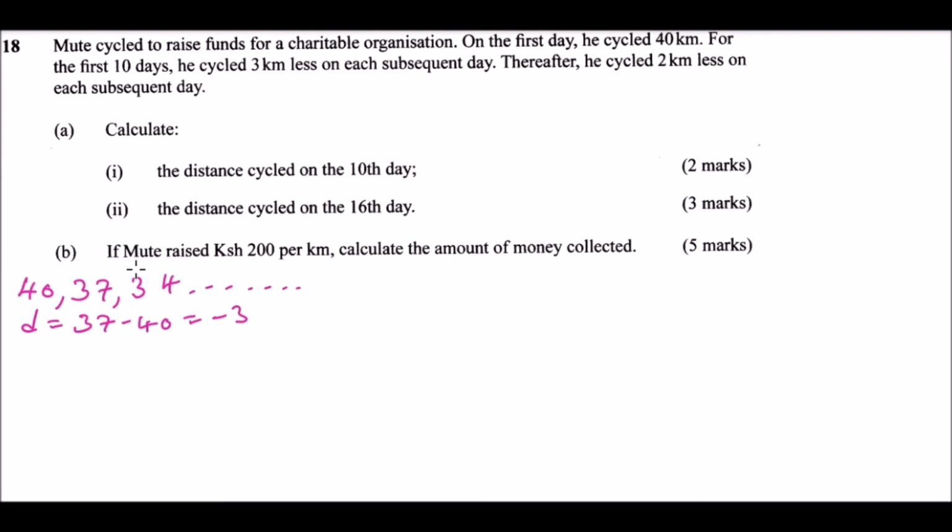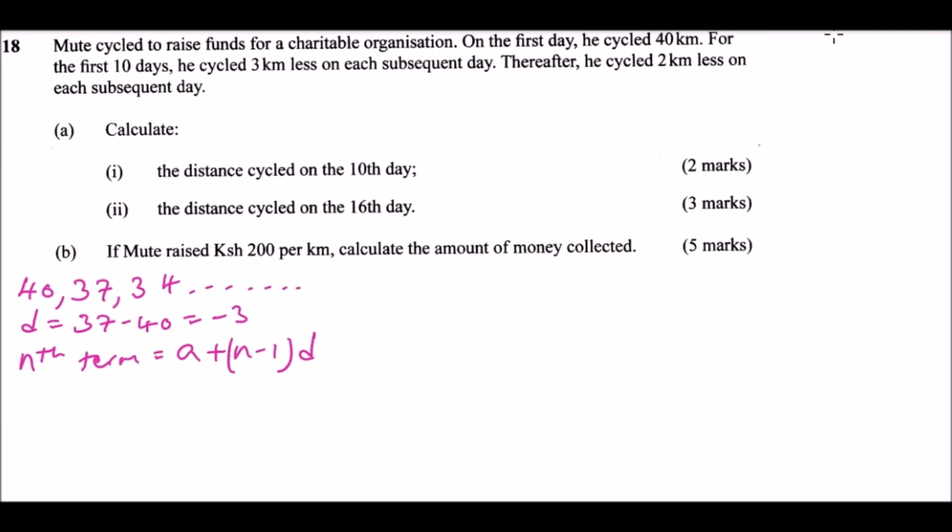And therefore, to answer part A, the distance cycled on the 10th day, the nth term of an arithmetic sequence is calculated as a plus (n minus 1) multiplied by d.